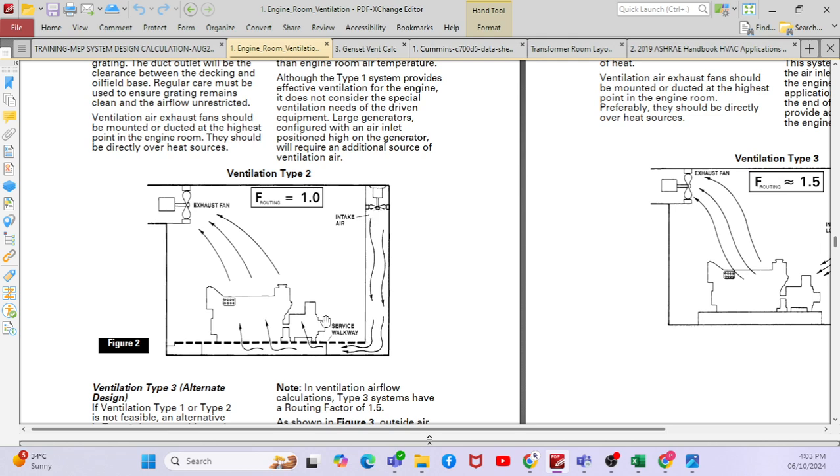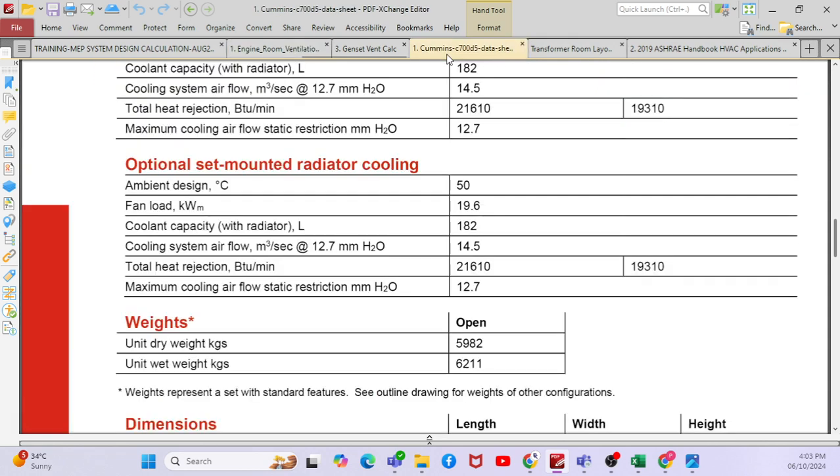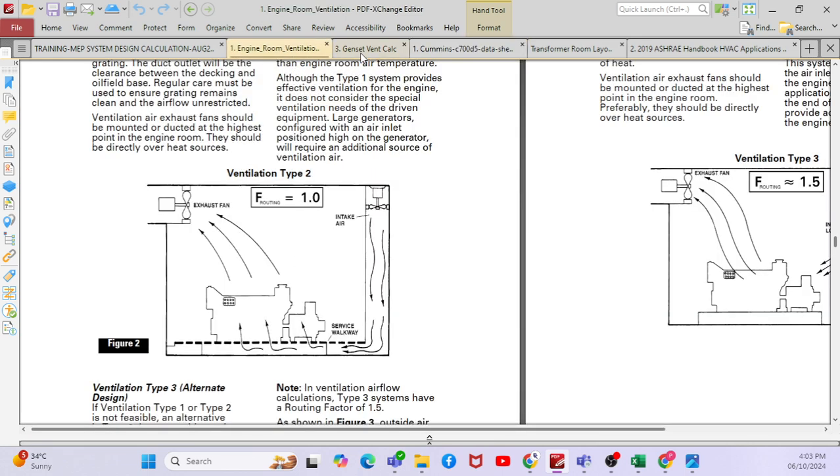That particular air will be given directly in the catalog, which is 14.5 meter cube per second. Also, they have given the total heat rejection, which is 21,610 BTU per minute. So this is the heat which comes from the generator at peak temperature. But you can also calculate the airflow rate or the heat dissipation using this equation.